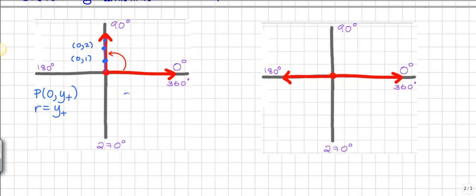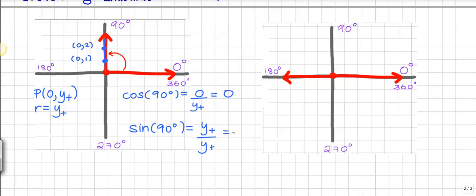So when I do cosine of 90 degrees, and I do the x-coordinate over the non-zero r value, I get 0. If I do sine of 90 degrees, I get y over the non-zero r value, and it reduces to 1.